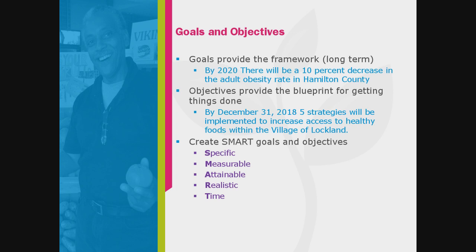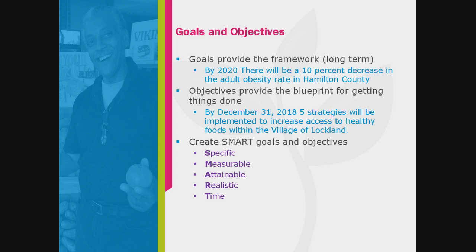A potential objective could be, by December 31st of 2018, 5 strategies will be implemented to increase access to healthy foods within the village of Lockland. So it's time-bound. We have an end date. It's specific. We're looking at 5 strategies. It's measurable. We'll be able to measure the 5 strategies that are implemented. And again, it's attainable and realistic.